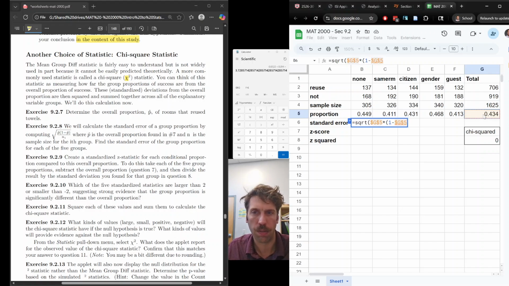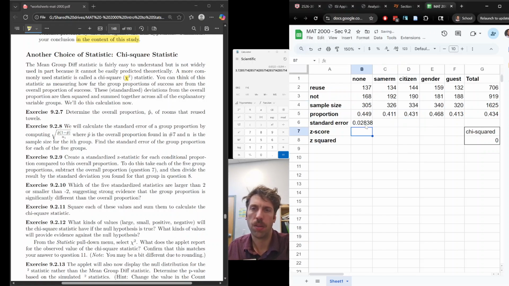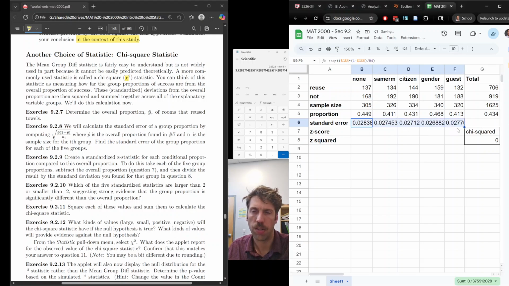Again, press F4, and then end parenthesis, and then divided by the sample size of the group. That one does not get an F4, and then end parenthesis, and then press enter. And so then I take this equation, click and drag, and I should have those. And again, I don't need to view all those decimal places, so that should be fine there.